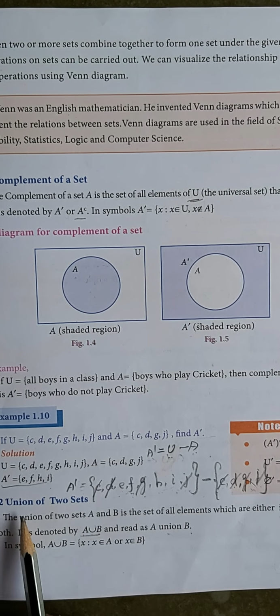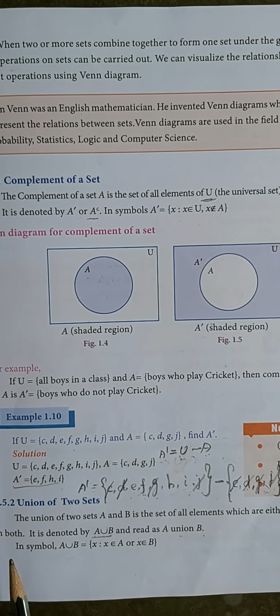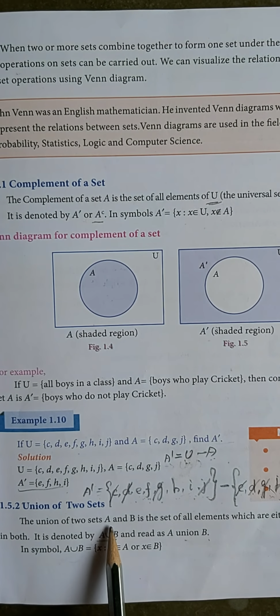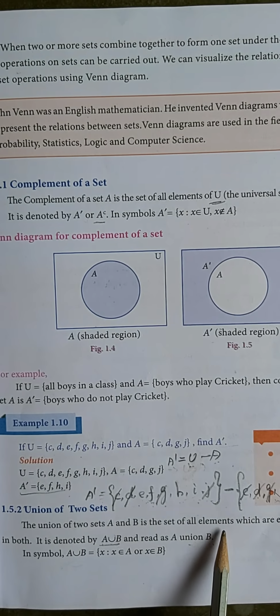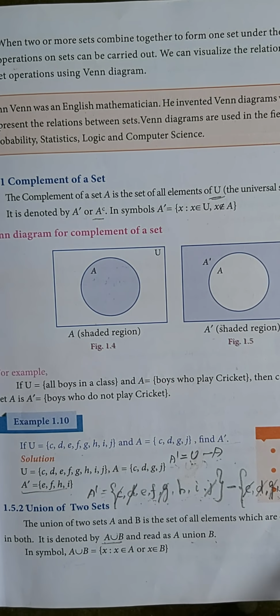First one, the complement of a set, you studied. Next, second one, union of two sets. How to find the union of two sets? The union of two sets A and B is the set of all elements which are either in A or in B or in both.